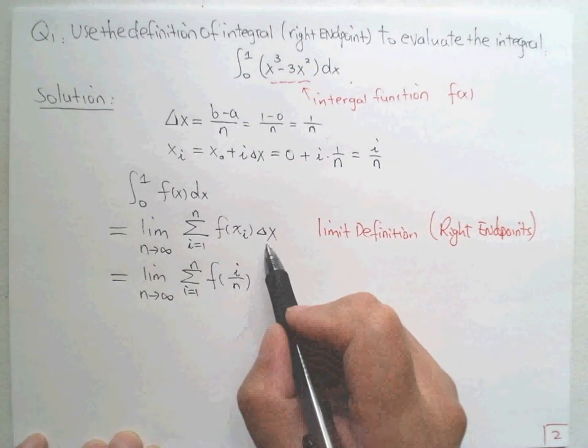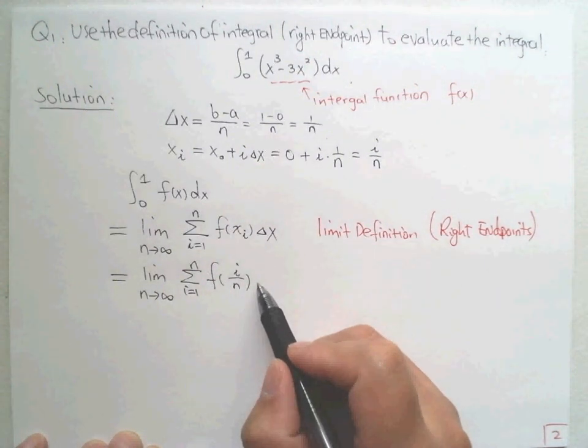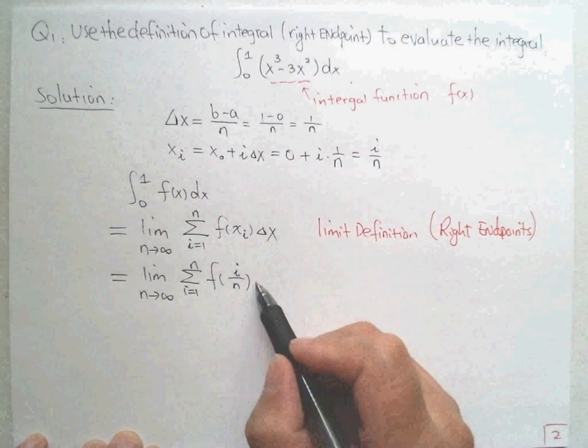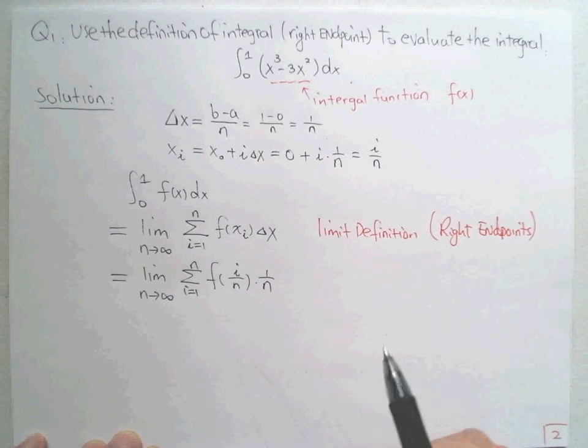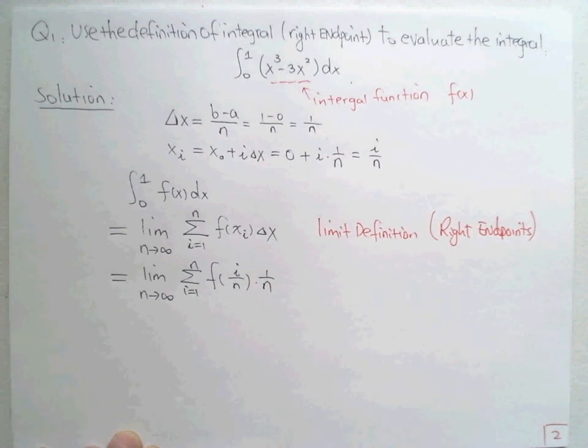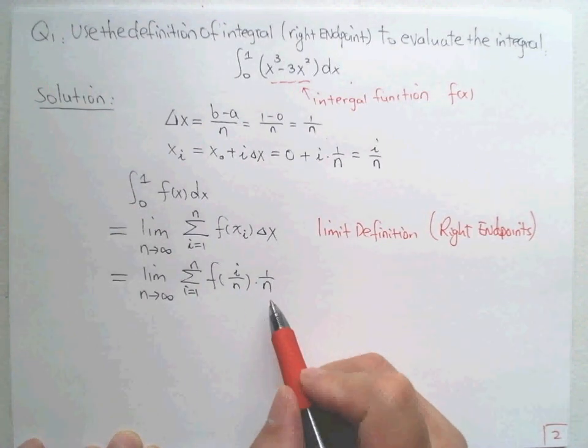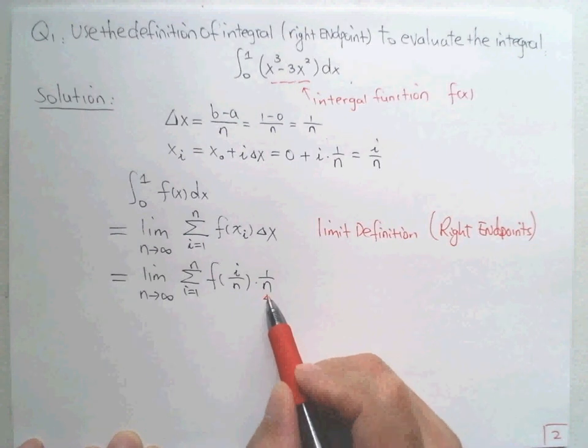Delta x is there, times 1 over n. Look at this: it is a constant number, it does not depend on i.